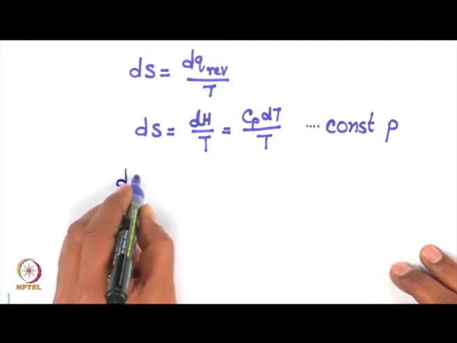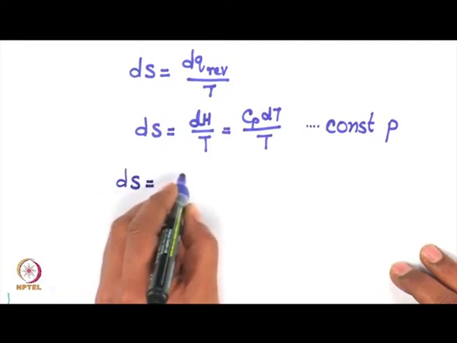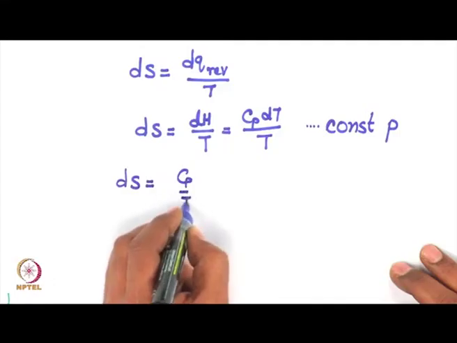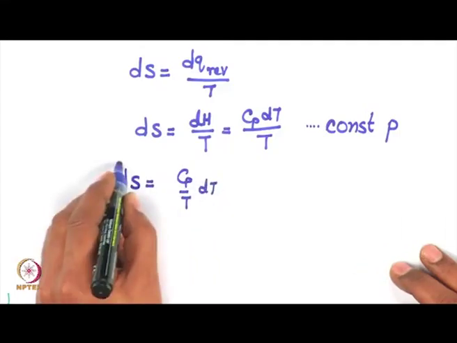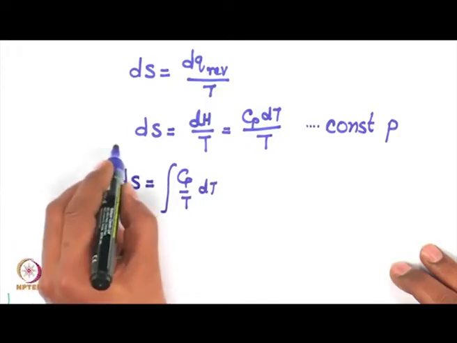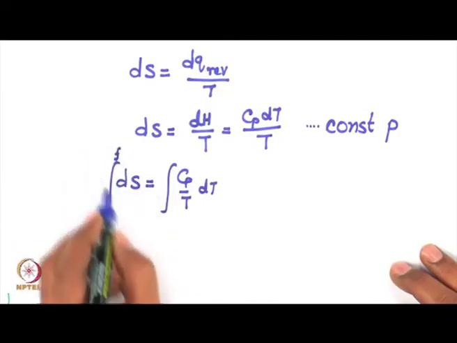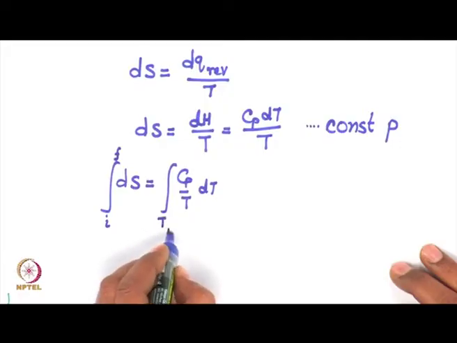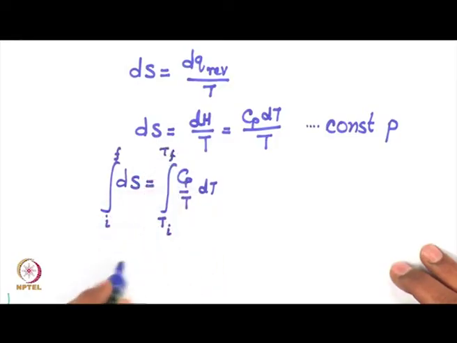Therefore, if I write now like this, dS is equal to Cp by T dT from T initial to T final.